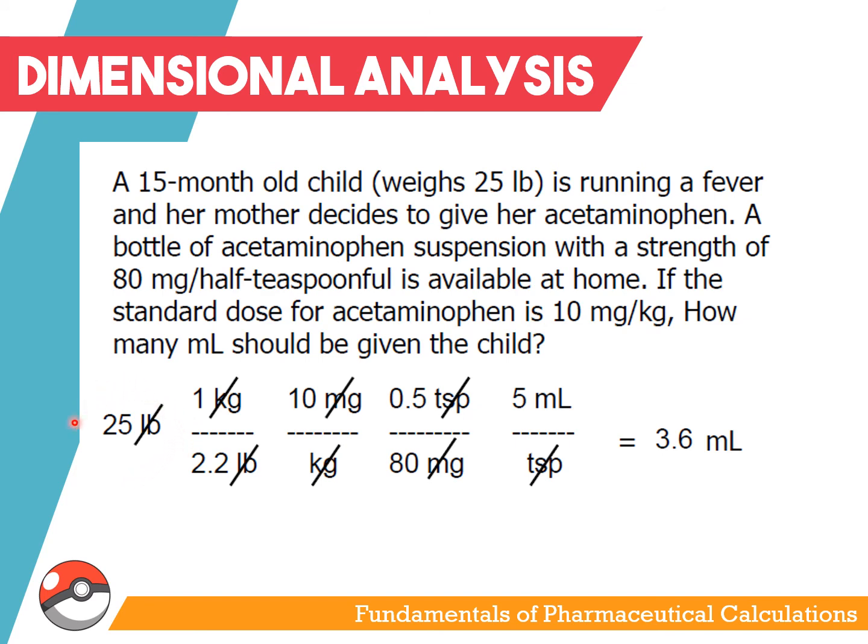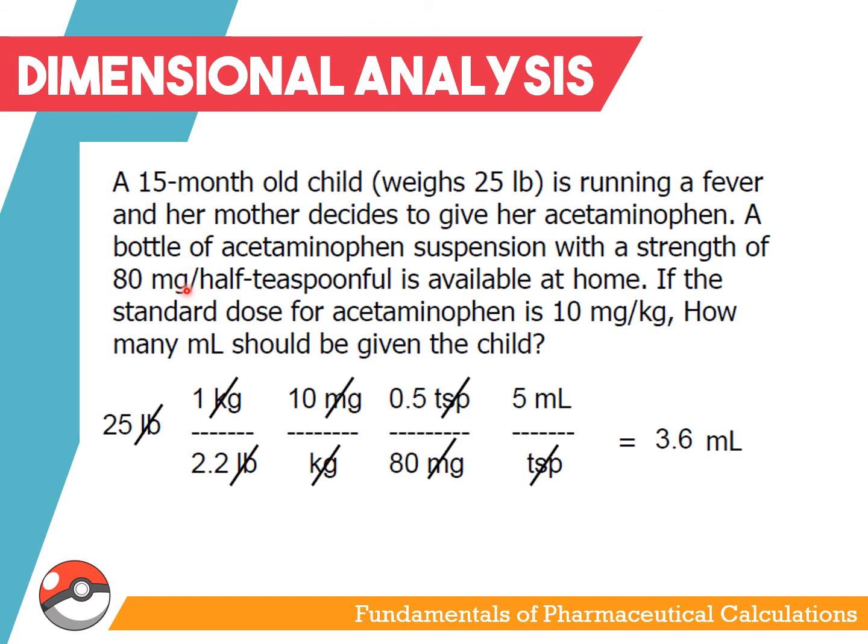So what they did is first write the given 25 pounds, and next they converted the pounds into kilograms so that you can work with the given standard dose, that is 10 milligrams per kilogram. And after identifying the number of milligrams that is needed, we use the available strength of 80 milligrams per half teaspoonful.